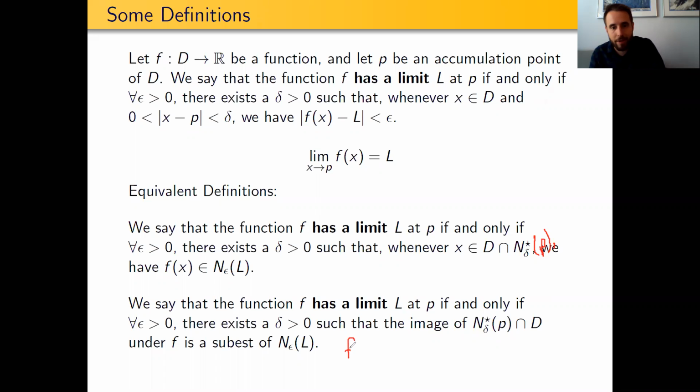That would be f of N d star P intersect D. That image as a set would be a subset of N epsilon sub L. Okay, let's cut to a picture to sort of explain this definition in slightly more detail.